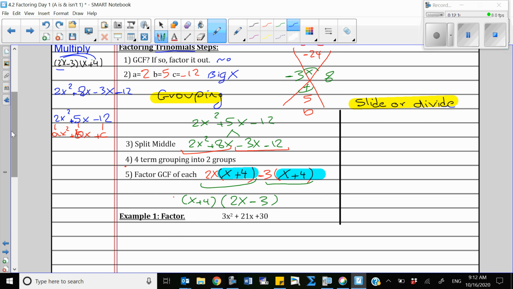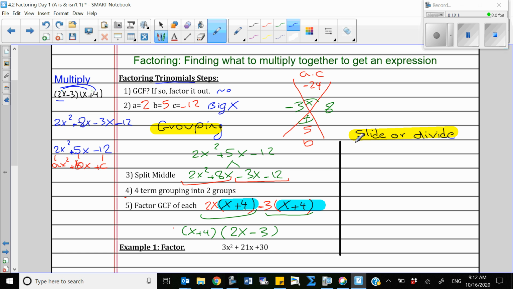To use the second method, which is called slide or divide, once you have the trinomial, first you need to find those two numbers. Once you find those two numbers, you're going to use two parentheses and write the letter x inside both of them.